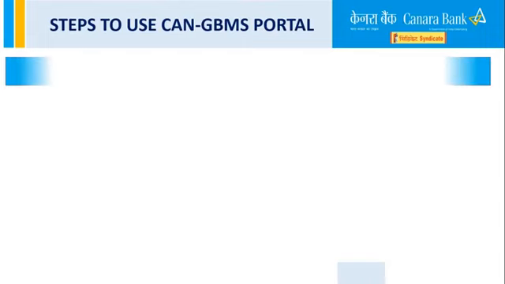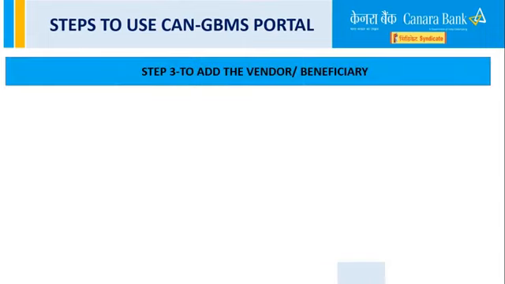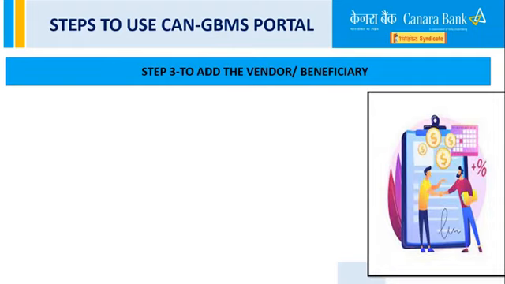So the third step will be to add a vendor or beneficiary to whom you want to make a payment. One important thing in this PFMS, cash and check transactions are not allowed. If you visit the bank and ask the manager to give cash, or ask to do any check transaction, that will not be possible in this PFMS.